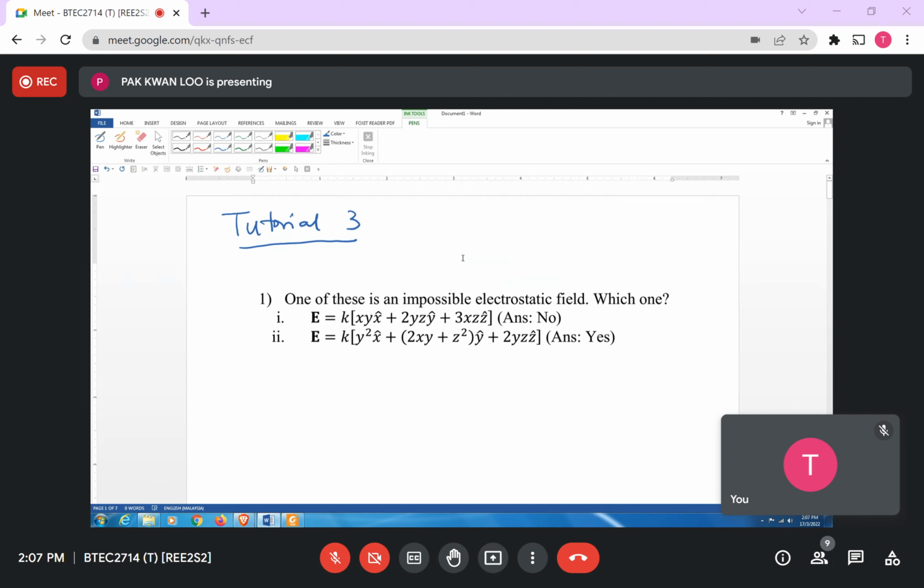All right, anyone? Wrong is okay. Any idea on how to determine whether it is an electrostatic field or not?